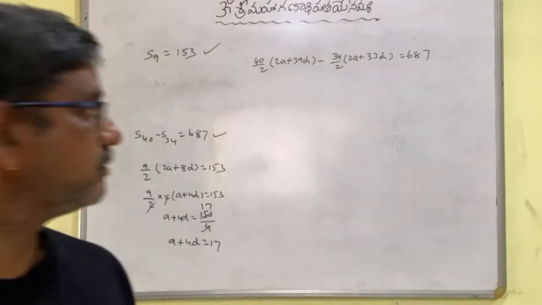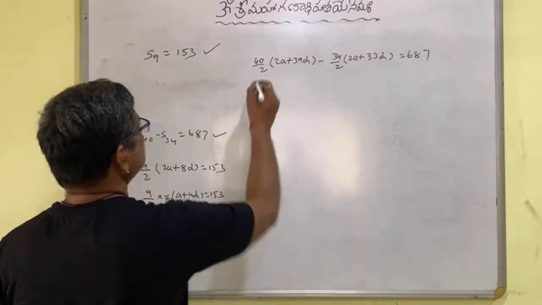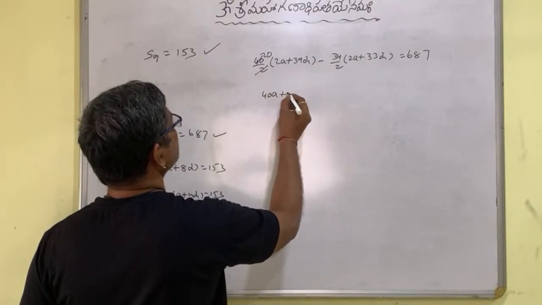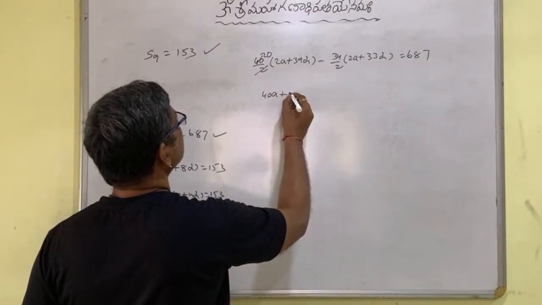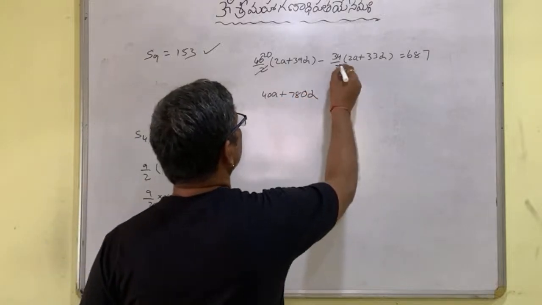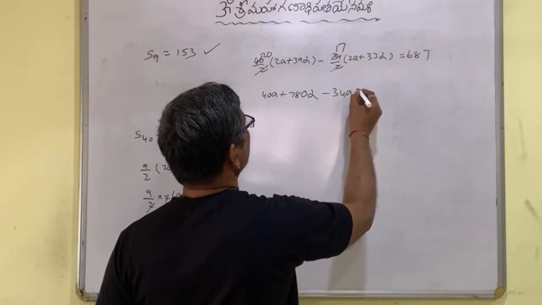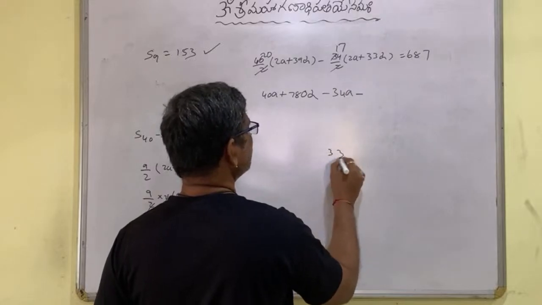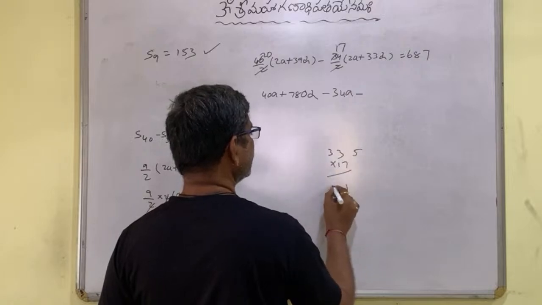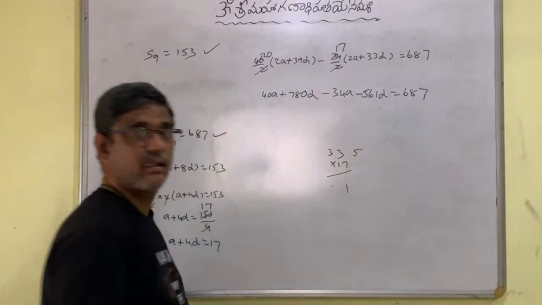Simplify it. 20 times 2a plus 39d gives 40a plus 780d. 17 times 2a plus 33d gives 34a plus 561d. So 40a plus 780d minus 34a minus 561d is equal to 687.